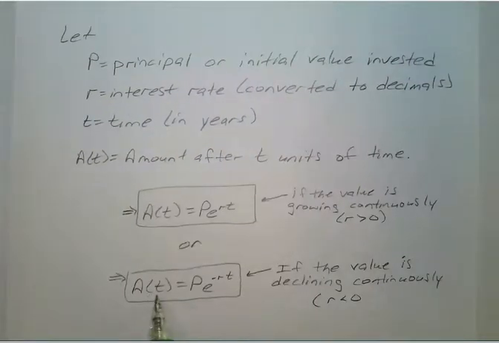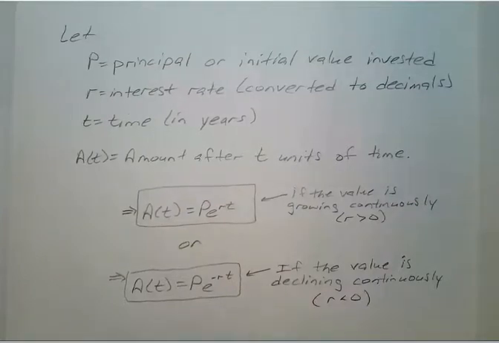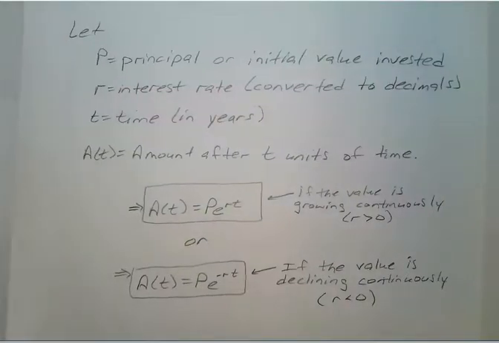Now, if you have A of T equals P times E to the power of negative RT, then that's if your value is declining continuously. So you use positive RT if it's growing continuously, and negative RT if it's declining continuously. All right, so if you're still writing, feel free to press pause and finish up. But we're going to go ahead and move on to our next example.